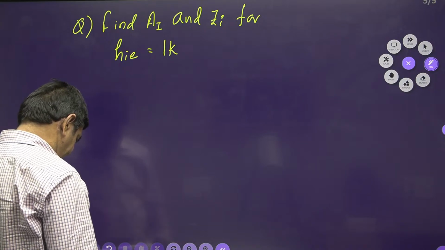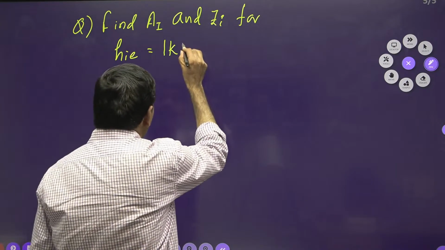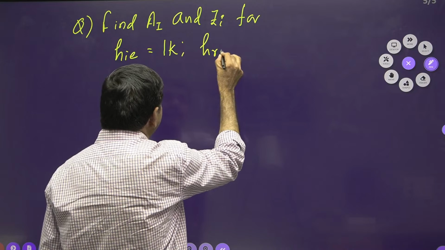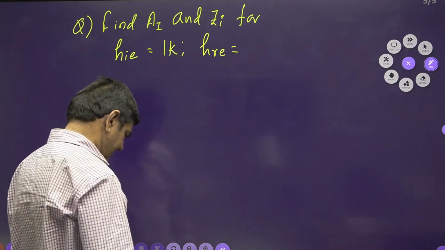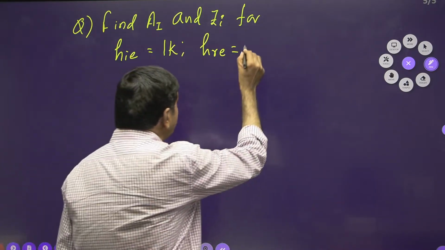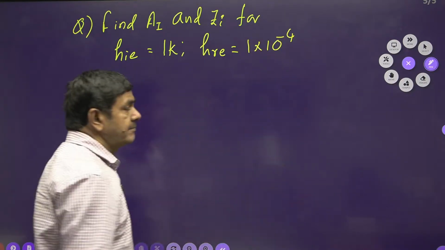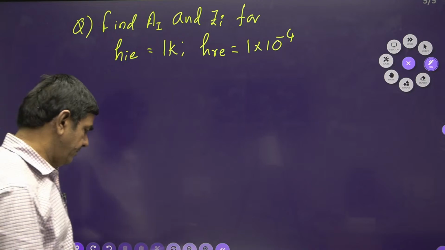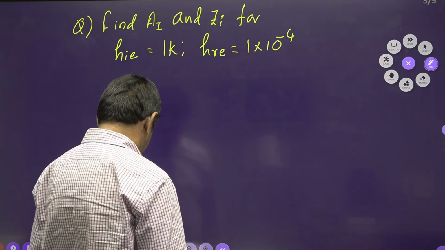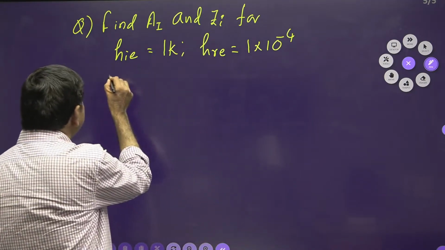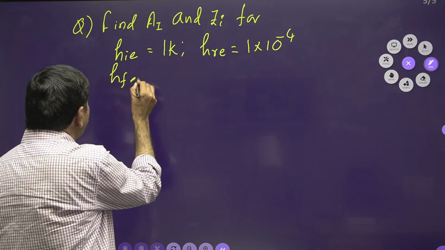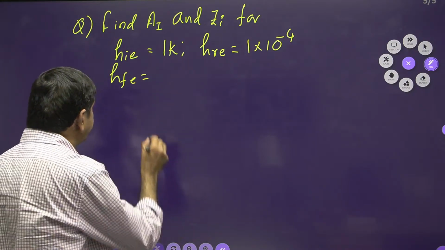And HRE, the reverse voltage gain, is given as 1 into 10 power minus 4. That is the HRE value. And HFE, the forward current gain, is given as 50.